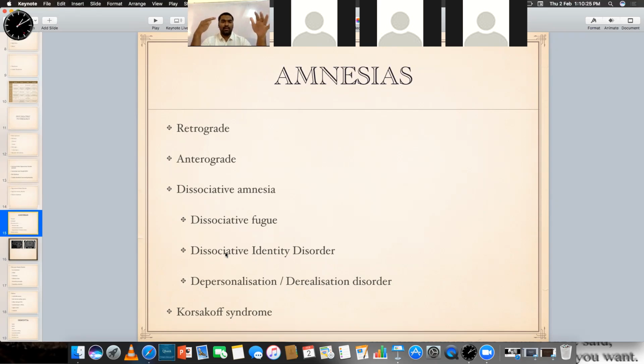Dissociative fugue is another component. And persons with all these symptoms can have dissociative identity disorder, which was previously called multiple personality disorder. So there was this study done on how many people exist with multiple personality disorder.